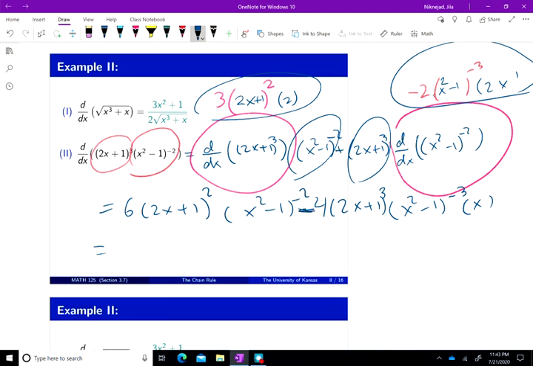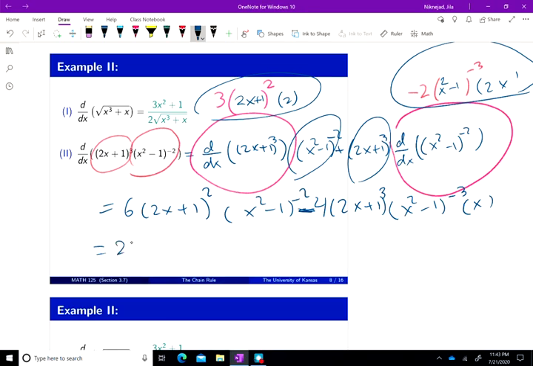That positive became negative because of that negative 2. And so the lowest exponent of every factor: negative 3 is the lowest for x squared minus 1, and 2 is the lowest for 2x plus 1, and there's a 2 factor in common.